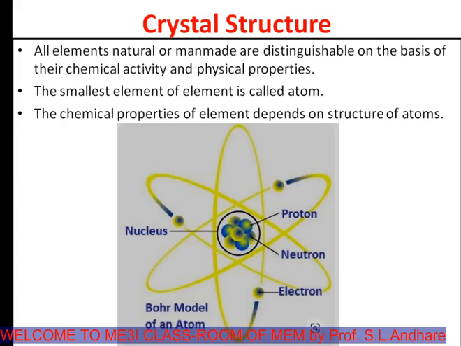A lot of differences are there. Why do these differences exist? This is the biggest question. Every material behaves differently, either mechanically or physically, electrically or thermally. The reason behind this is every material is different at atomic level. That is, materials are made different because their atoms are different.